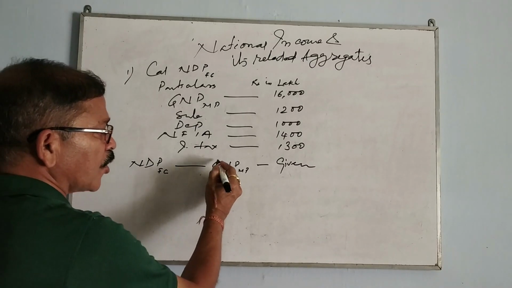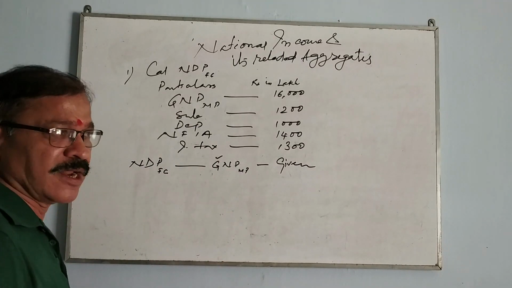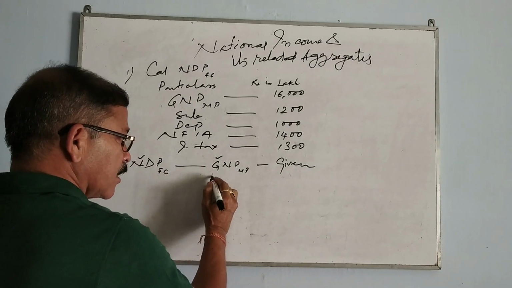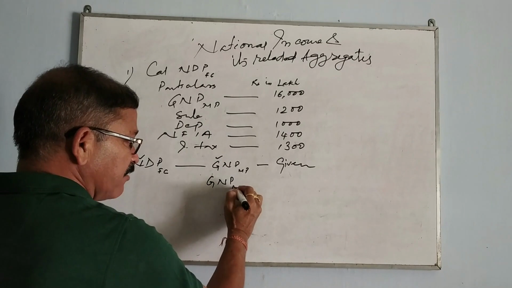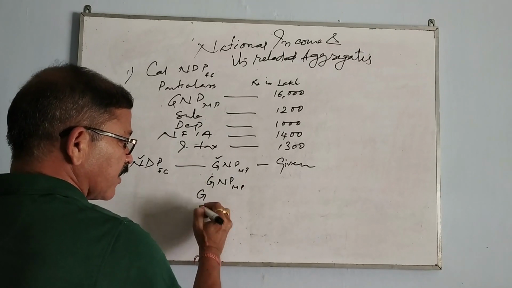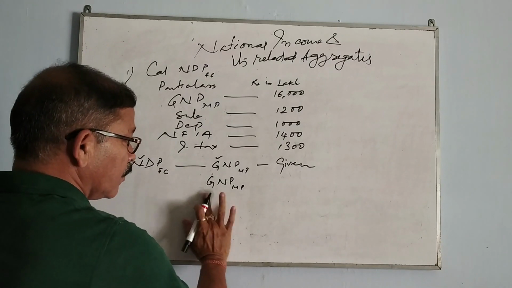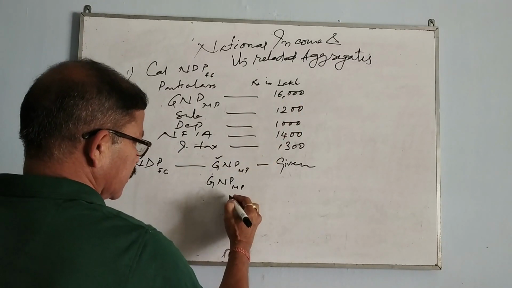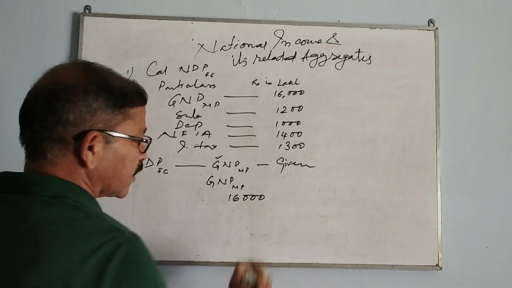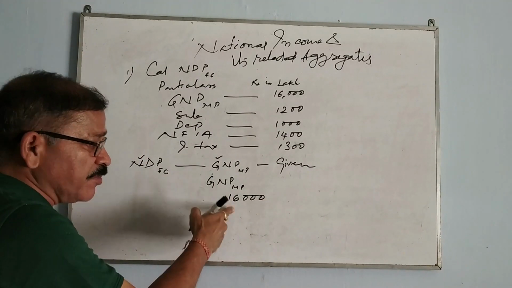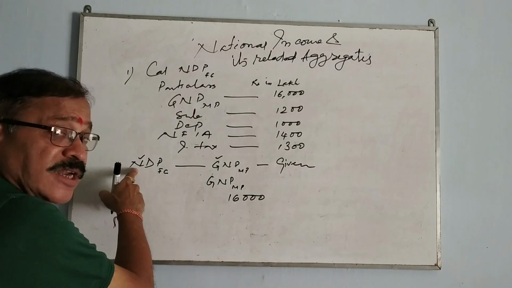For example, gross is given and you have to find out net. Here GNP-MP is given, so gross is given, 16,000, and you have to find out net.